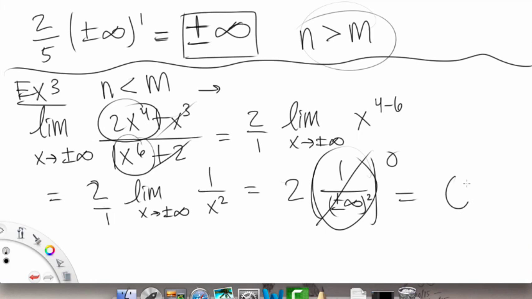So 2 times 0 is ultimately 0. That's the last case, and again, n less than m implies that the highest degree on the numerator is less than the highest degree in the denominator. That's it for this section, and I hope that helped, and good luck on your homework.